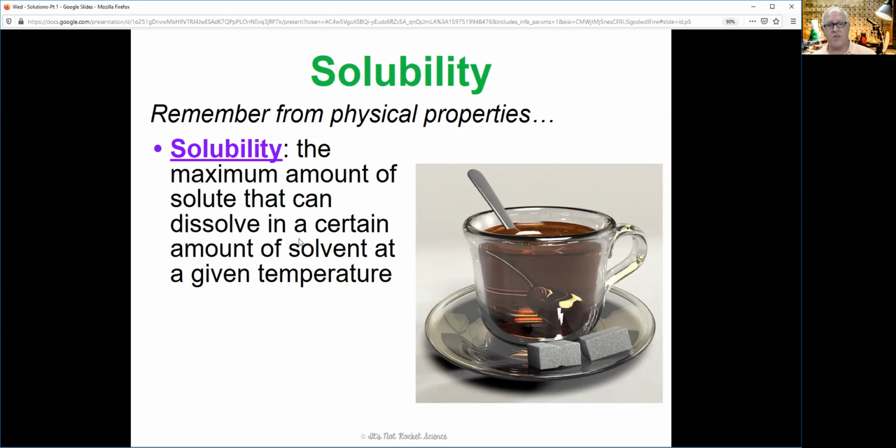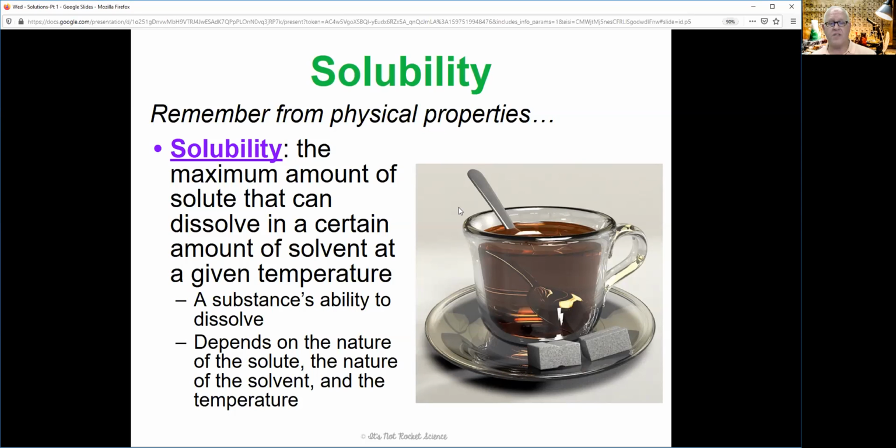So solubility is the amount of solute that can dissolve in a certain amount of solvent at a given temperature. And that's a substance's ability to dissolve. It depends upon the nature of the solute and the nature of the solvent and the temperature. Those 3 things have an effect on solubility.